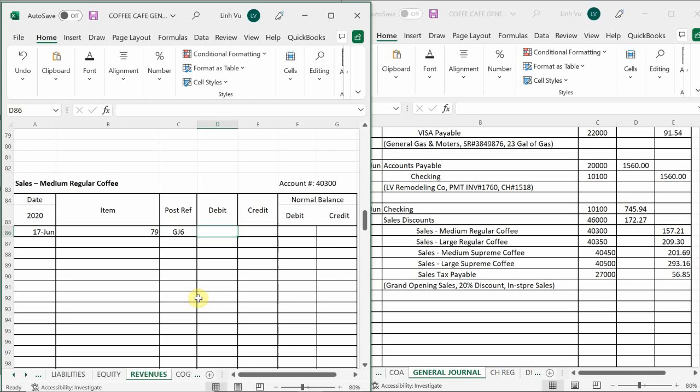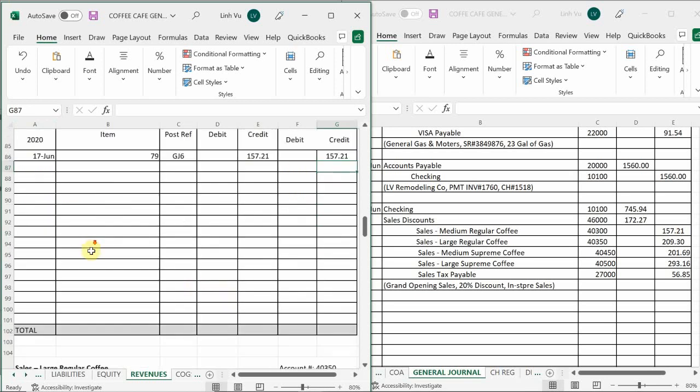Okay, and the amount on that is 157.21. Make sure it's on the credit side because on sales, an increase is a credit. Okay, and large regular coffee.